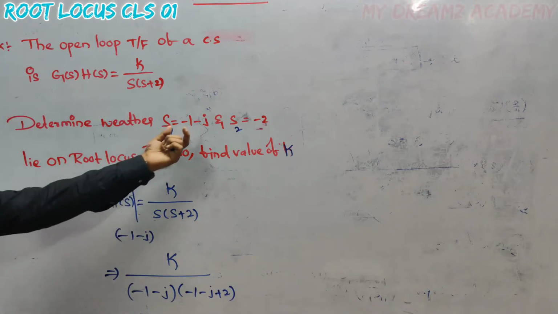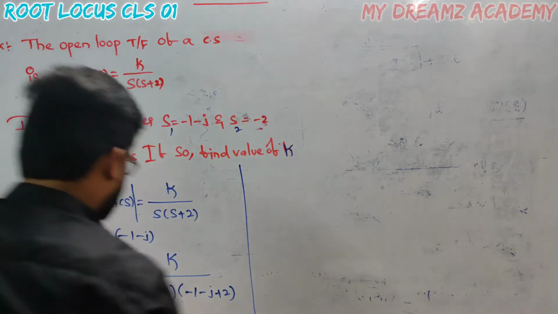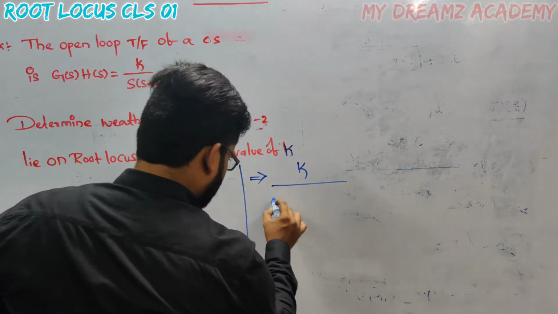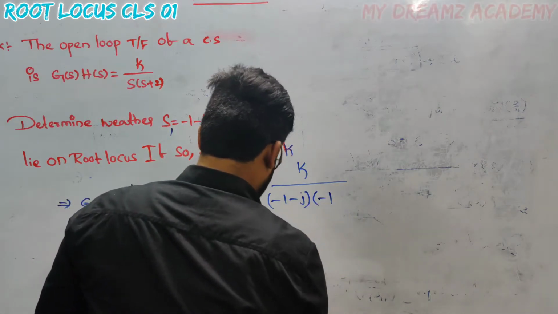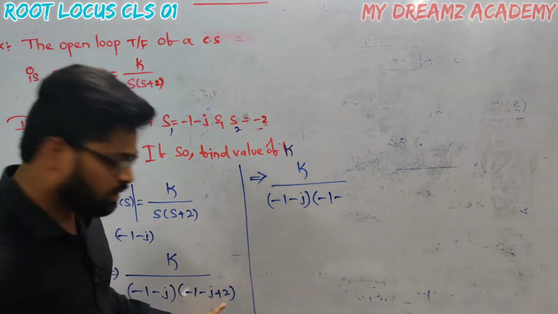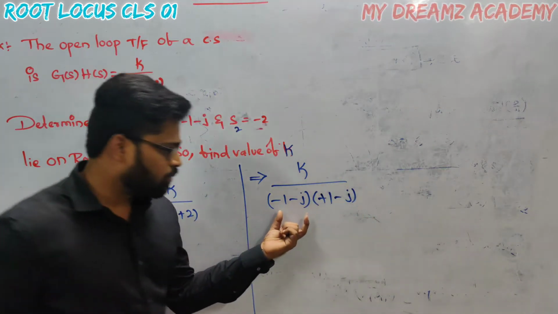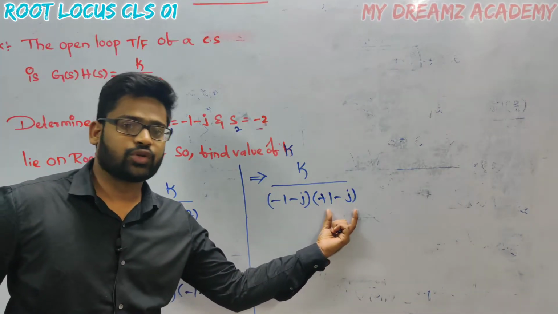We have substituted the point minus 1 minus j in this transfer function. Then K by minus 1 minus j, and minus 1 plus 2 will give plus 2 minus j... this point is in the third quadrant and the other point is in the fourth quadrant.